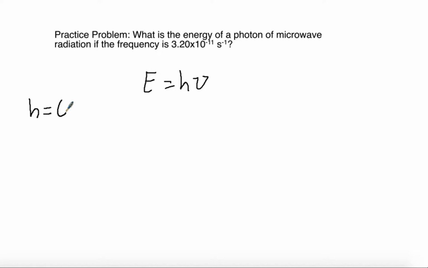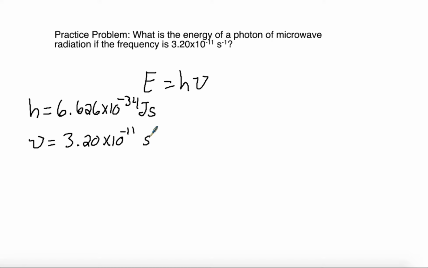Planck's constant is given as 6.626 times 10 to the negative 34 joule seconds, where the joule is the unit for energy. And our frequency is given as 3.20 times 10 to the negative 11 inverse seconds.